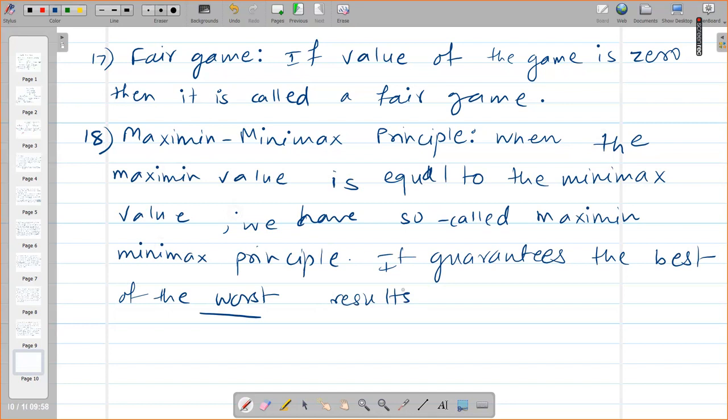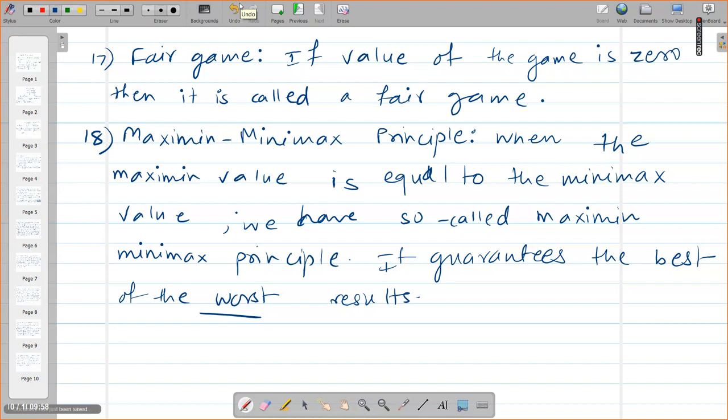Whenever we find the maximin number, that corresponds to the strategy by which player A should play. When we find maximin, we are telling player A to play with a particular strategy. When we find minimax, we tell player B to play with a particular strategy. We are suggesting that if you use this particular strategy, your gain will be maximum.